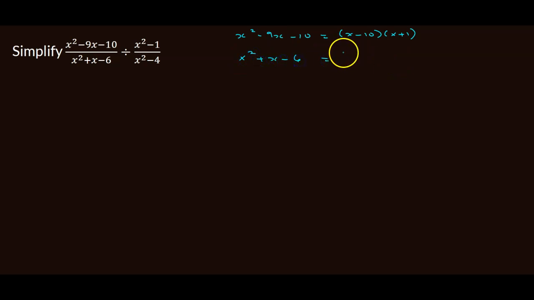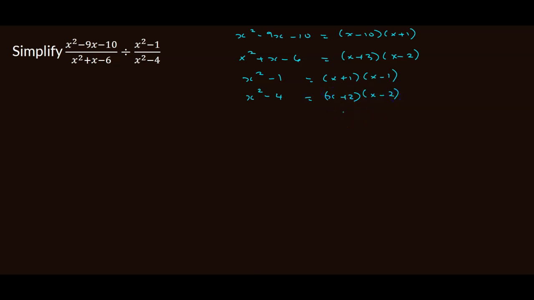This is going to be x plus 3, x minus 2. And then we have x squared minus 1. This is x plus 1 and then x minus 1. Then finally we have x squared minus 4. This is going to be x plus 2 and then x minus 2.